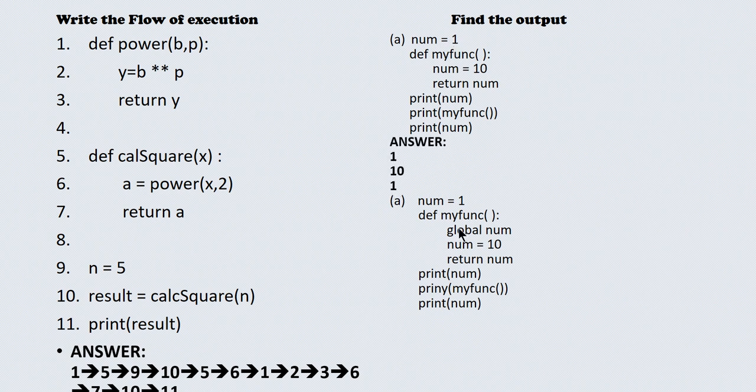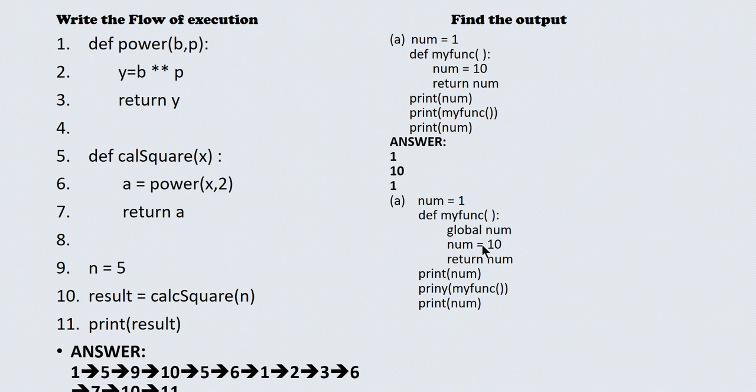Now look at the second question. Here it is, num is equal to 1, the same function. The only statement that has been added to this function is global num. So what you are saying here is that whatever num you are declaring here is a global variable.